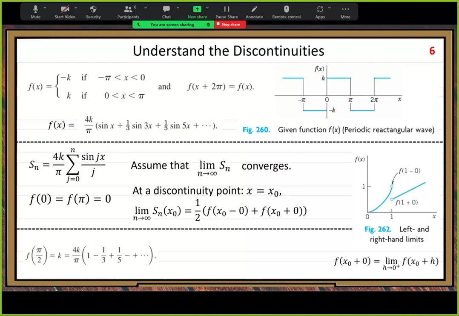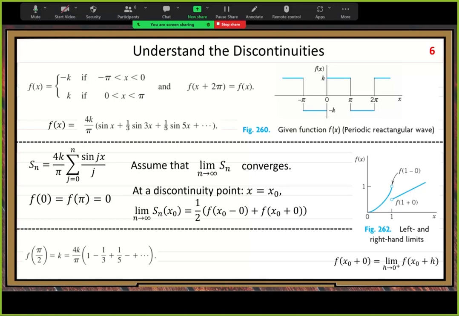Another interesting property. We just talked about the Fourier series value at a discontinuity point. How about at a continuous point?